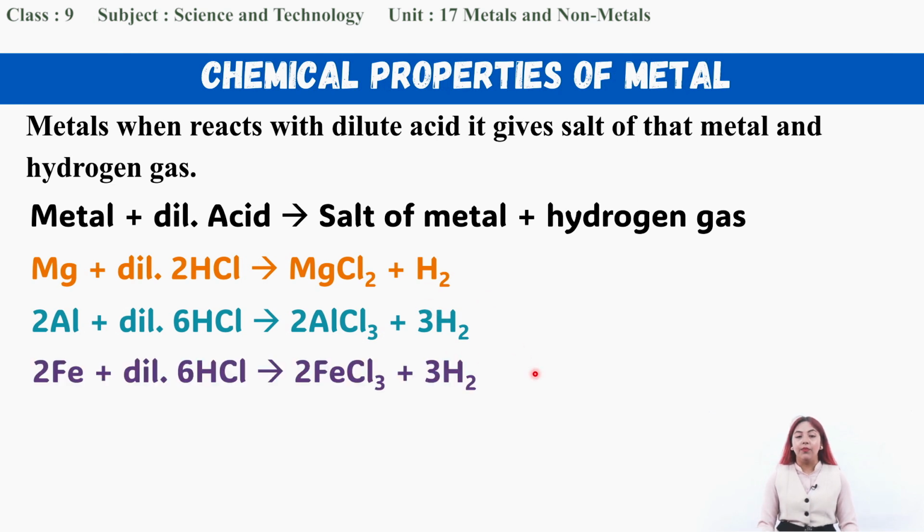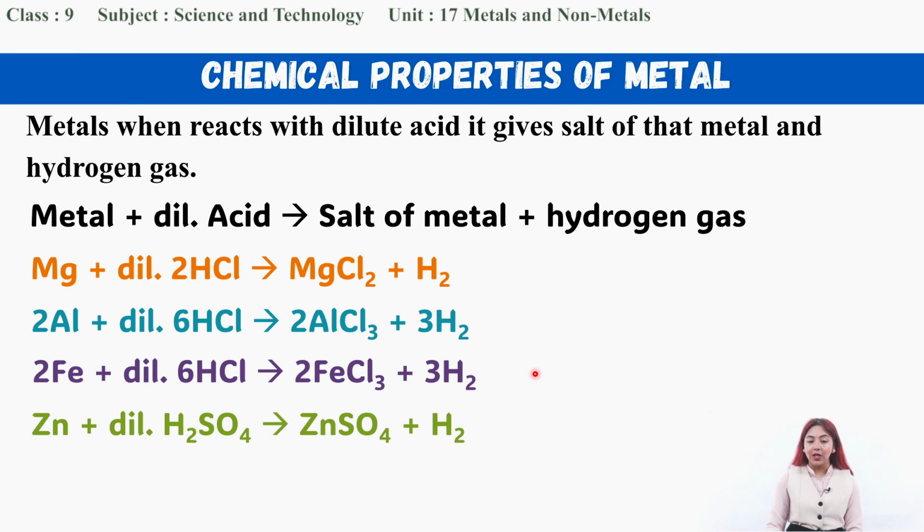Similarly, when metal iron reacts with dilute acid, it displaces the hydrogen forming salt such as FeCl3, that is ferric chloride, and with the liberation of hydrogen gas. And when zinc reacts with dilute sulfuric acid, it gives us zinc sulfate by displacement, and it also liberates hydrogen gas.